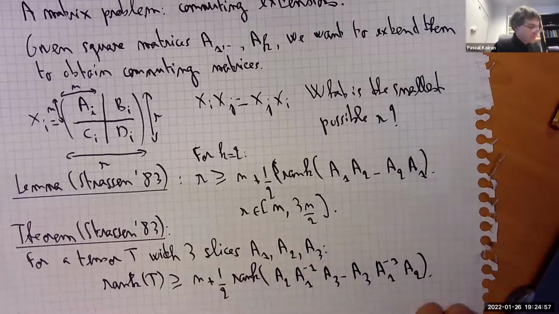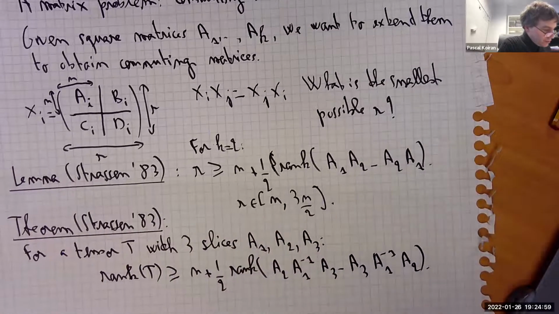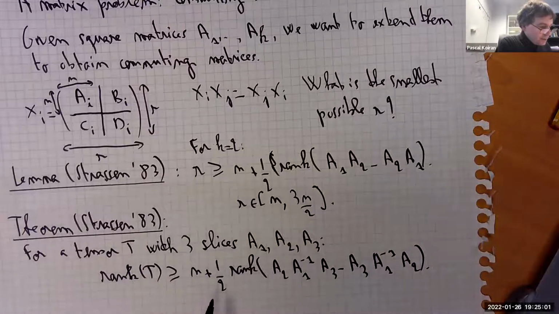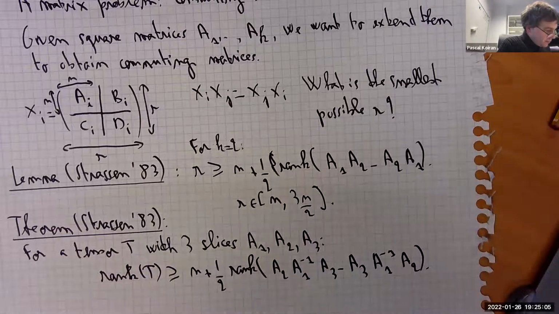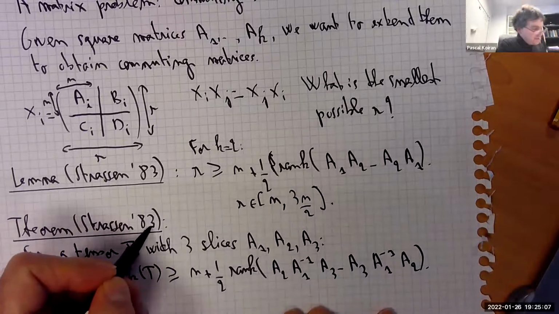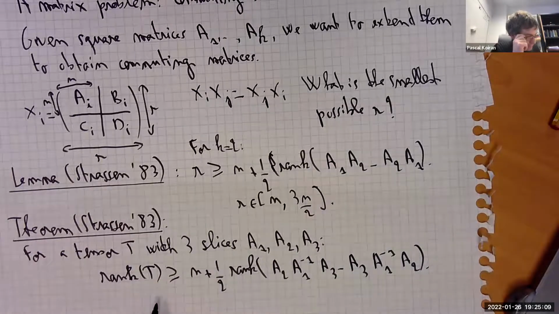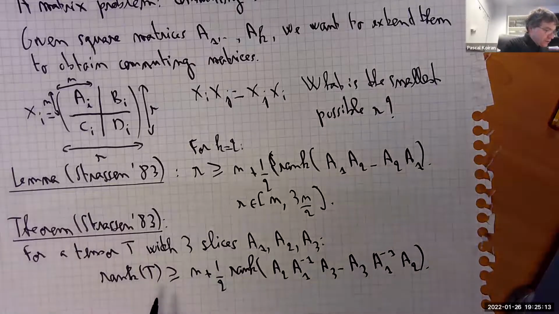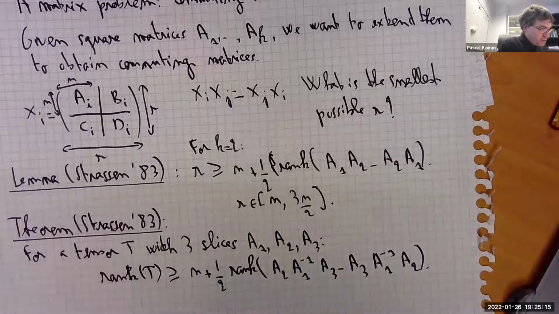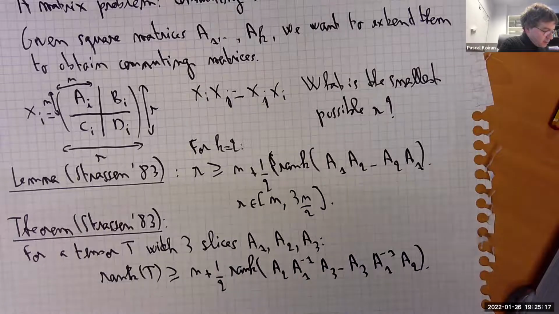Again, you cannot go beyond 3n by 2 using this theorem, and he actually showed that this is also a lower bound on the border rank of T, but never mind. We are not going to talk about border rank here.